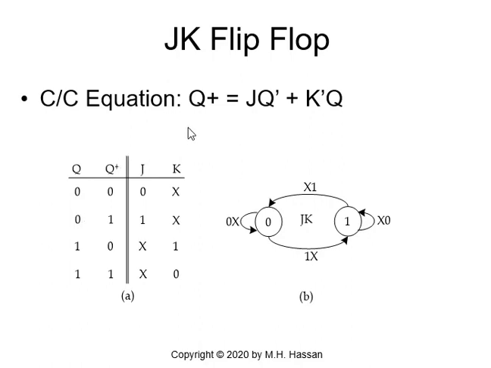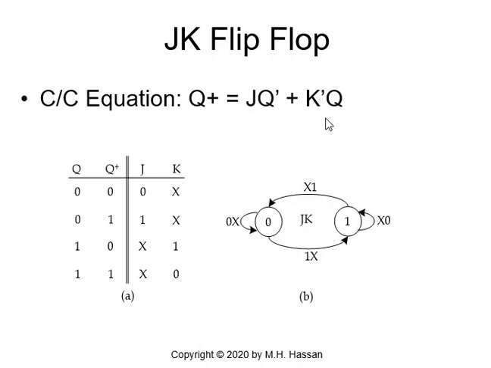So the characteristic equation is Q plus equals JQ prime or K prime Q. This is a very important characteristic equation, and from it we can get, with shortcut methods, all the excitations, namely the J's and the K's, for all the flip-flops for any counter that we design.